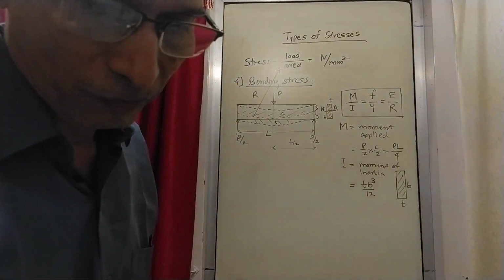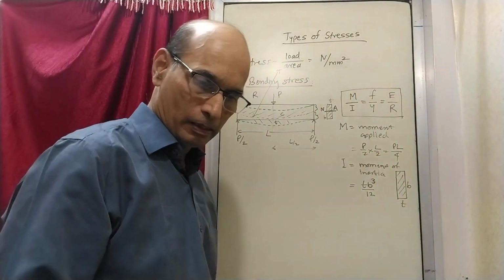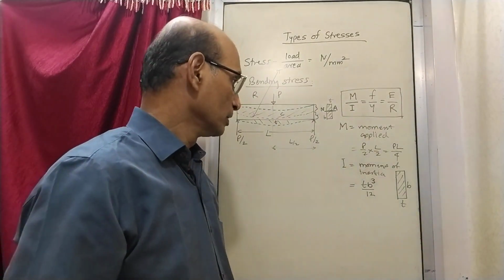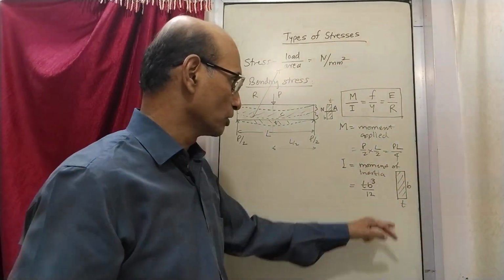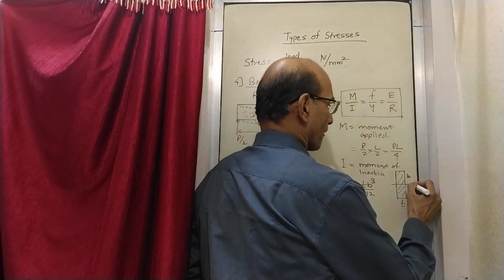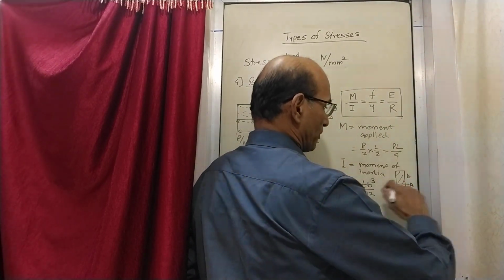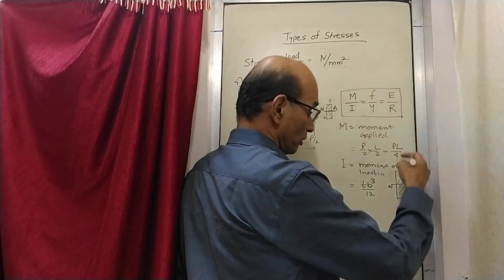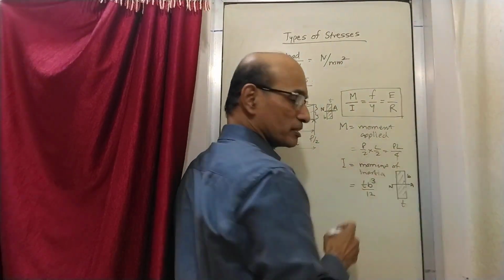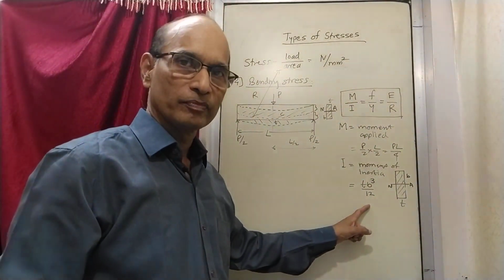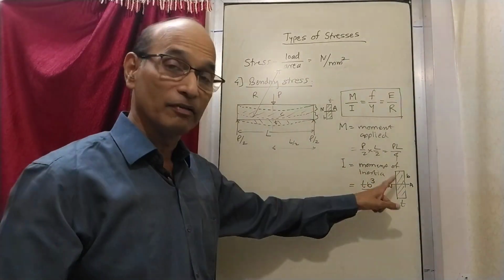That is the formula for moment of inertia. Where is the neutral axis? Neutral axis is here. So the dimension along the neutral axis is taken once, and the dimension perpendicular to the neutral axis, that is B, is cubed. So T B cube by 12 is the moment of inertia if it is a rectangle.